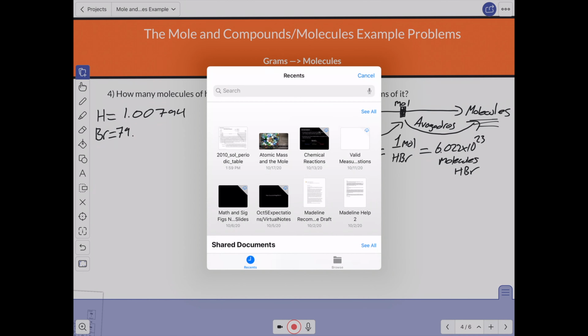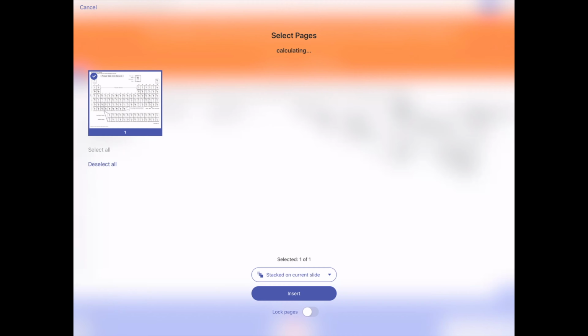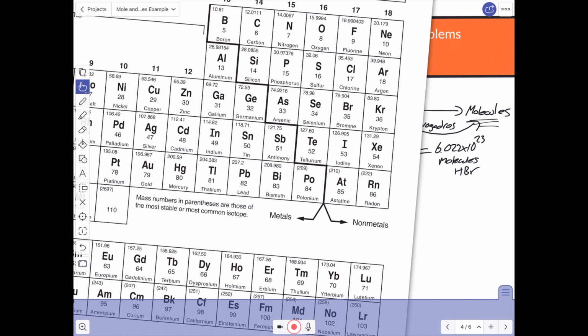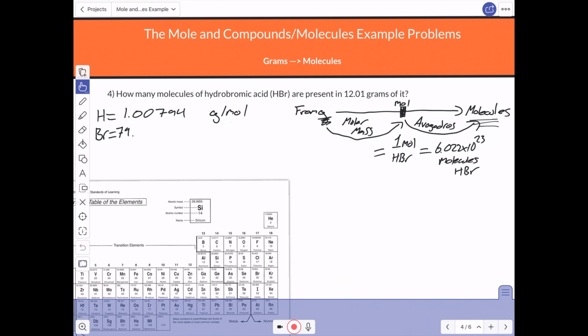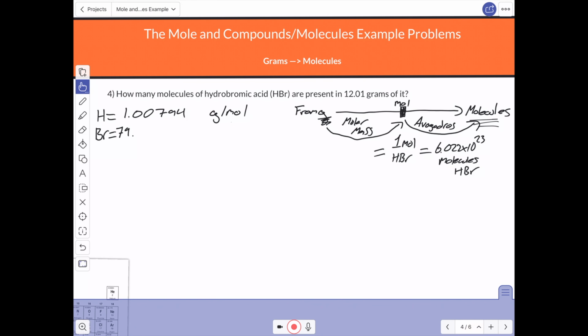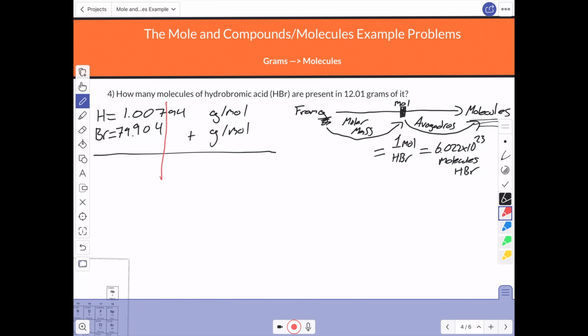Let's see, 79.904 grams per mole. So we can add those two up. Not forget about sig figs. And we'll get our molar mass for our hydrobromic acid.